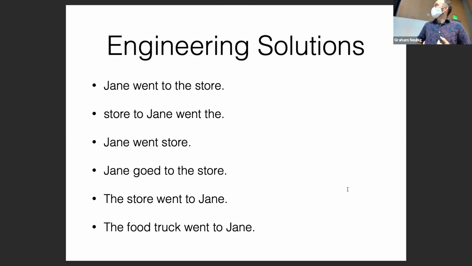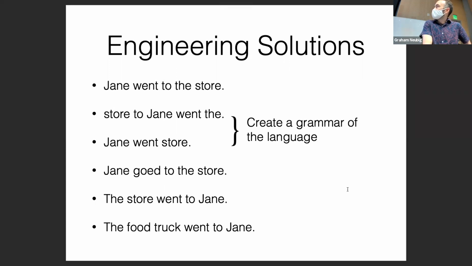So if we wanted to create a model to handle these, like let's say we wanted to create a rule-based system that told us whether these were correct or not, like we did before, we could do this by creating a grammar of the language.